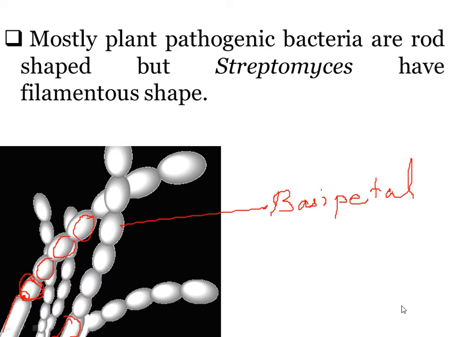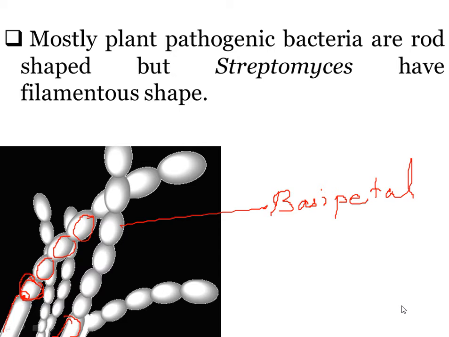This is a soil borne bacterium. Waksman isolated the streptomycin antibiotic from Streptomyces bacteria and got the Nobel Prize in Medicine in 1952. This antibiotic is effective against TB bacteria, right?